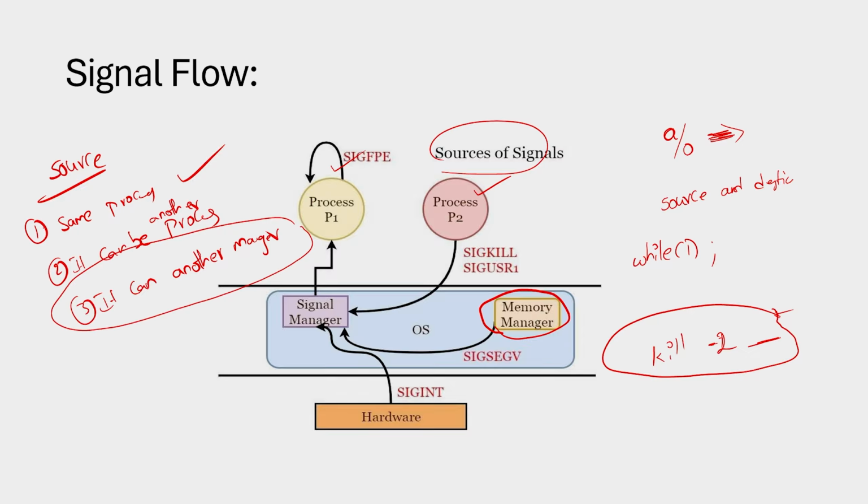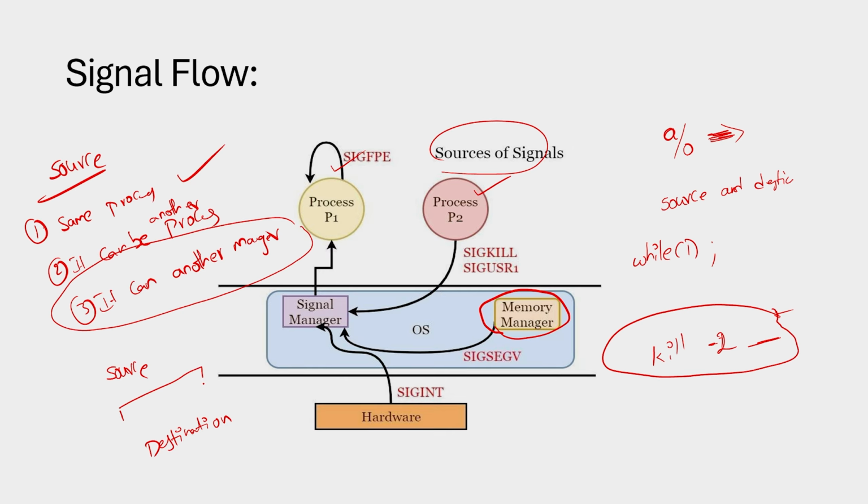And now see this diagram. Source can be anything, but from source to destination, it will not be sent directly. Like in the first example, the segmentation fault: the source is that process only, the destination is that process only, but it will not be sent directly.